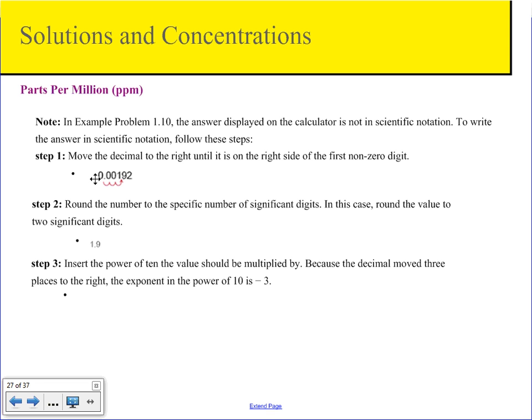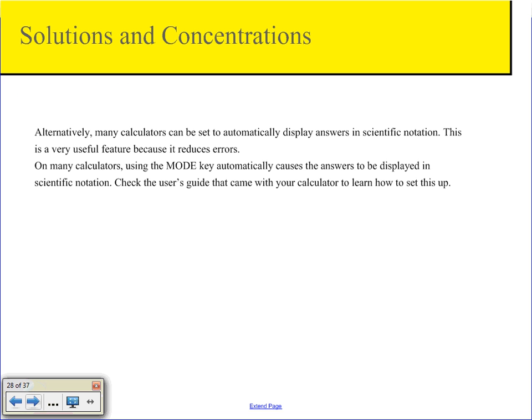Then we need to round the number to the specific number of significant digits. In this case, we need to round the value to 2 significant digits. Step 3, we need to insert the power of 10 the value should be multiplied by. Because the decimal is moved 3 places to the right, the power of 10 is negative 3. If you have any questions with that, please ask me.